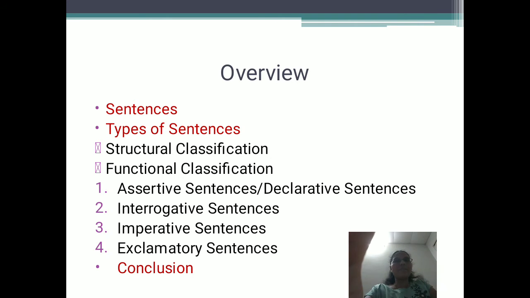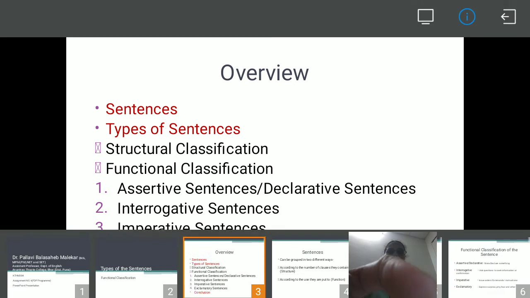We can classify sentences on the basis of structure and function, but I will focus on the functional classification. There are four types of sentences according to function, and that are assertive sentences, interrogative sentences, imperative sentences, and exclamatory sentences. At the end, we will discuss the conclusion of the topic.